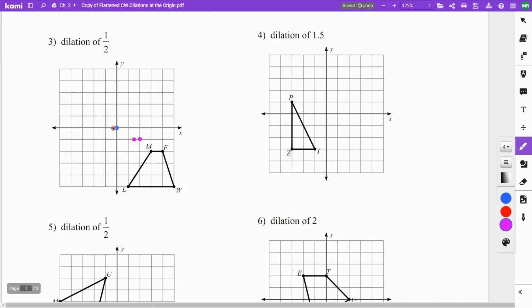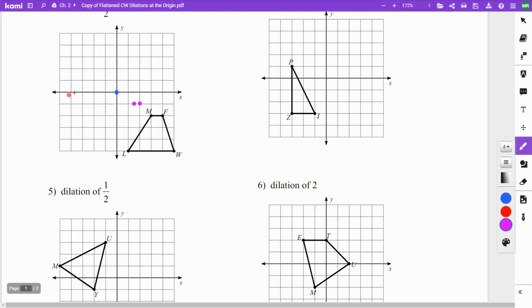For L, I'm going down 5, right 1. So I'm going to go half, which is down 2.5. Half of 5 is 2 1/2, and half of 1 is a half. And then this one here is down 5, right 5, so half of that is negative 2.5 and 2.5 across.